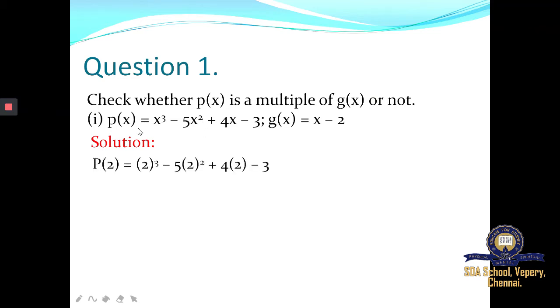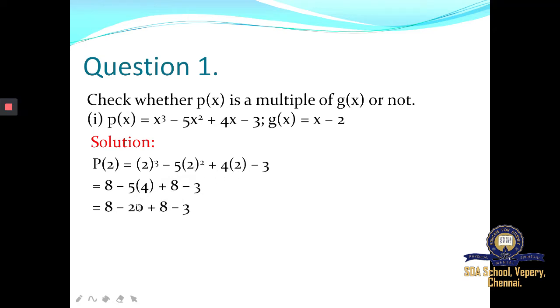Then in the place of x, you're supposed to substitute 2 in this equation: 2 cubed minus 5 into 2 squared plus 4 into 2 minus 3. Then you simplify. You will get 8 minus 5 into 4 plus 4 into 2 is 8, minus 3.